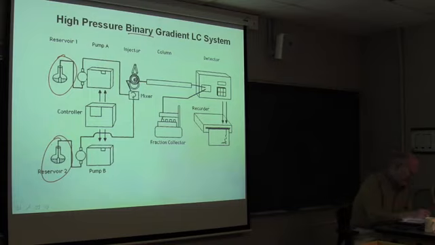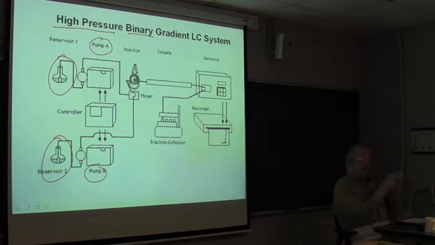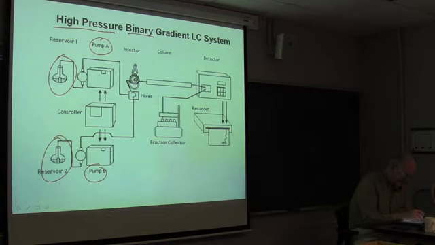And this is called a high pressure binary gradient system because we have high pressure pump A and we have high pressure pump B. And they're both pulling a certain flow rate of liquid out of their individual reservoirs. And the fluid that comes out of here is at high pressure, and the fluid that comes out of there is at high pressure.